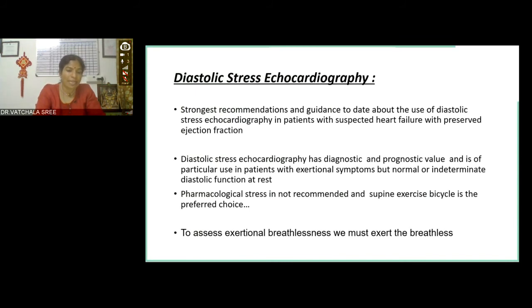The ASE, the ESC, and the Australian societies all put a very strong recommendation for this diastolic stress echocardiogram, but unfortunately it has not come into clinical use just as yet. But hopefully in the future, this will be a modality that all of us will be using for our patients where we have some difficulty in diagnosing diastolic dysfunction.